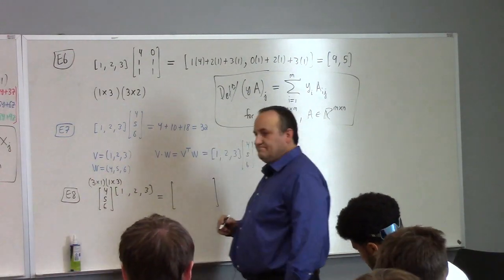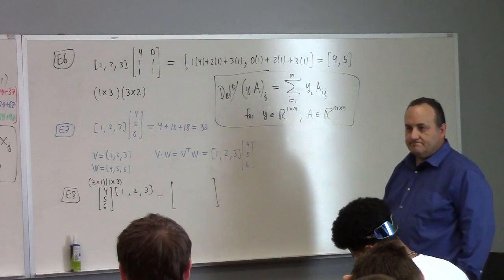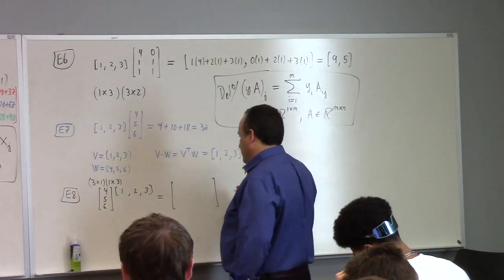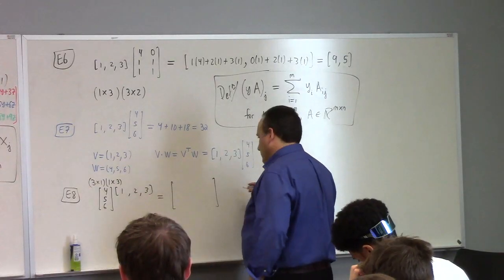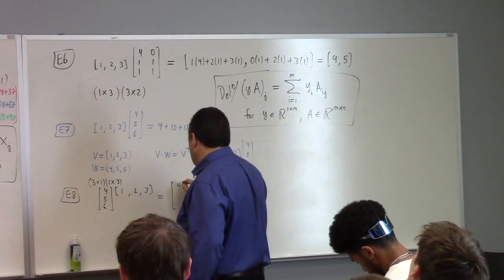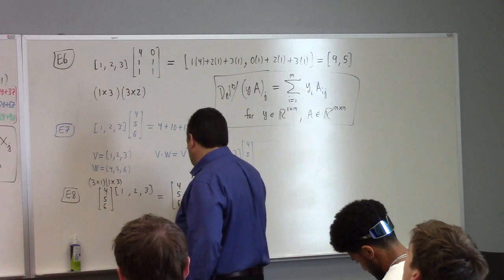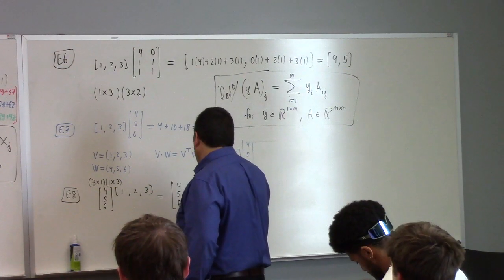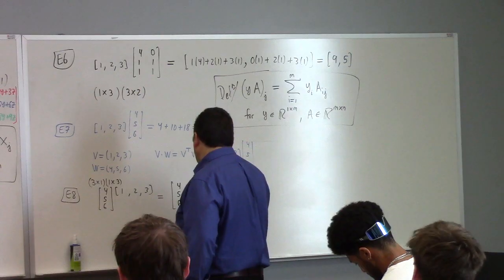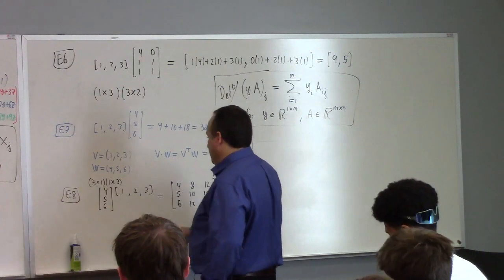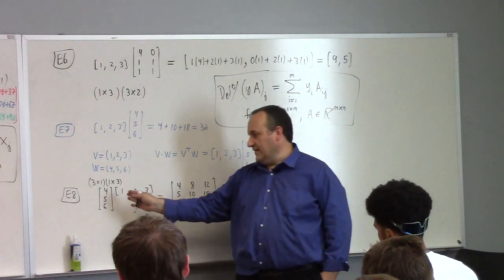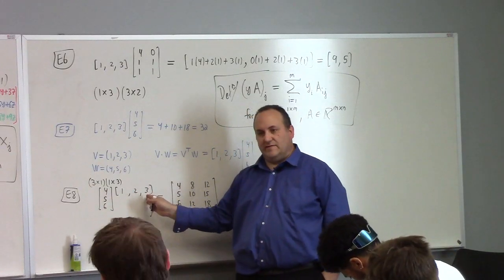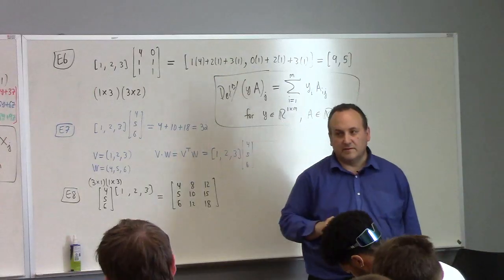What are its entries? So what you do is 4, 5, 6 in the first column, 8, 10, 12 in the second column, and 12, 15, 18 in the third column. All it does is multiply the left factor by the components in the right factor. That's how this works.